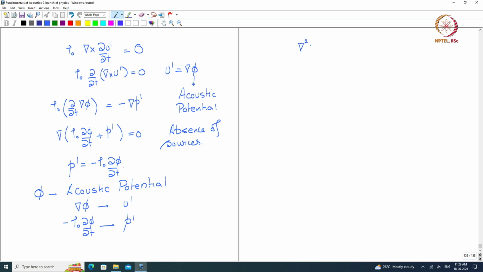Del square phi is equal to 1 over c square del 2 phi by del t square. So you will find the wave equation written in terms of acoustic potential in many of your papers. Okay. So now we are dealing with this acoustic wave equation.